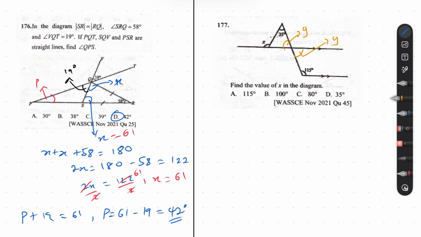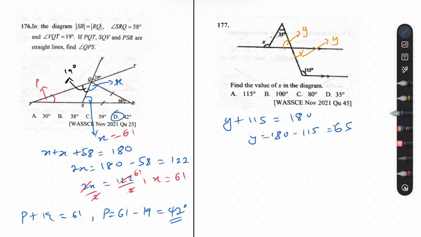So now let's move on. This angle and this angle are co-interior, and we know that co-interior angles add up to 180. So y plus 115 should give us 180. So y will give us 180 minus 115, and that will give us 65. Okay, 65, right?